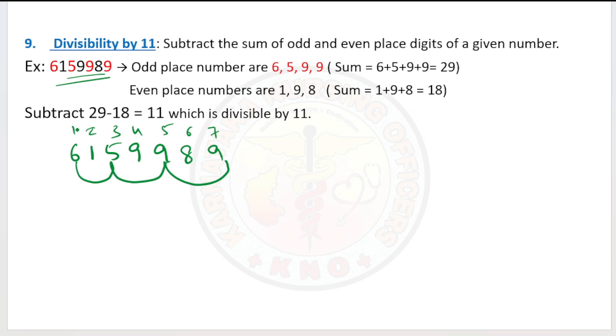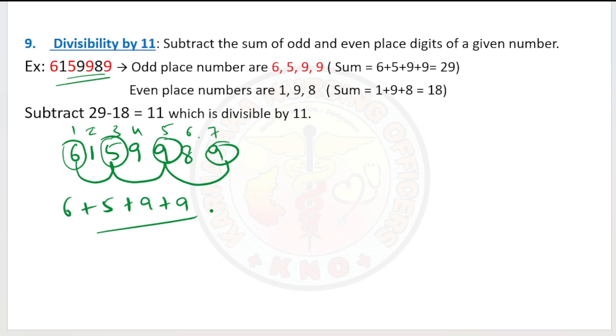Odd places are 1, 3, 5, 7. Even places are 2, 4, 6, right? So just consider the odd place numbers and do the sum. The odd place numbers are 6, 5, 9, 9. So do the sum: 6 plus 5 plus 9 plus 9.